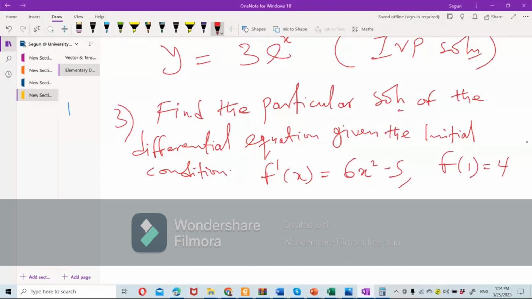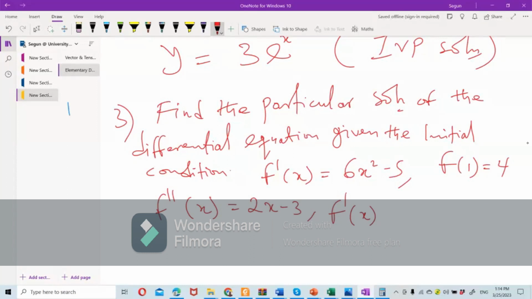Another one is f double prime of x equals 2x minus 3, f prime of 1 equals 2, and f of 0 equals 3.